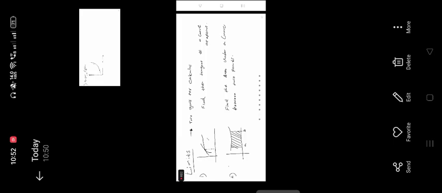So here I have a curve, and a point called P at this location. This is the tangent problem. That means you need to find the tangent at the point P on this curve.